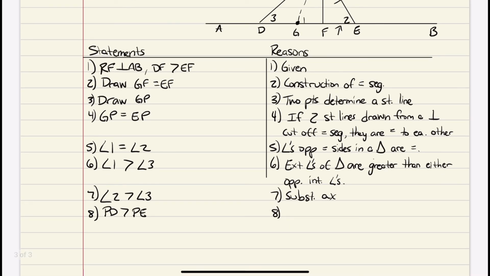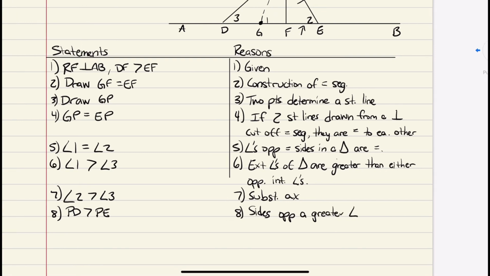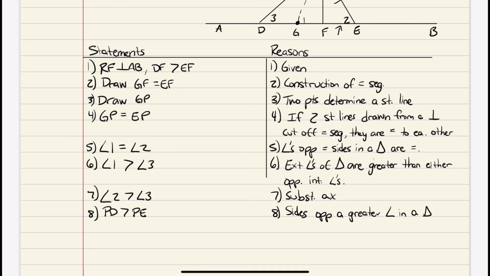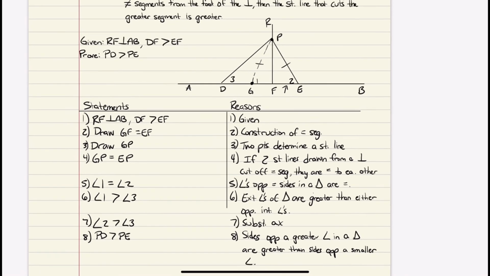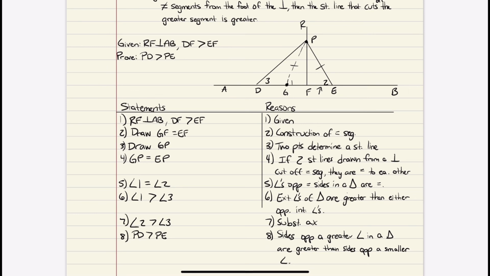And so we could say a similar wording here: sides opposite a greater angle in a triangle are greater than sides opposite a smaller angle. And there we have it. We have just proven what we set out to prove. We proved that PD is greater than PE, and that is what we set out to prove.